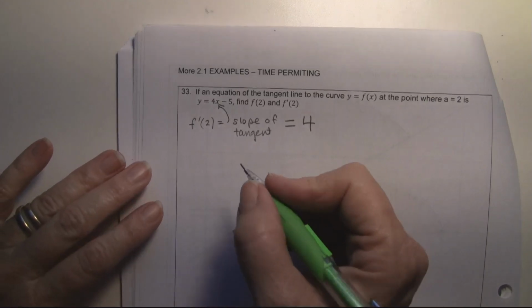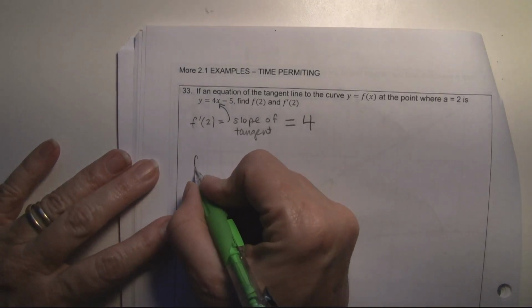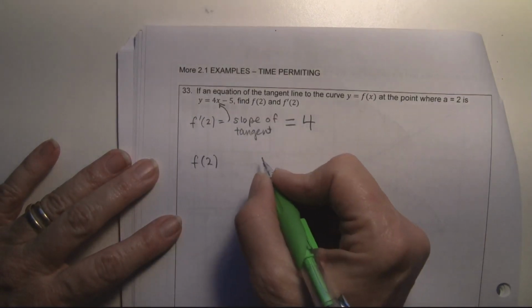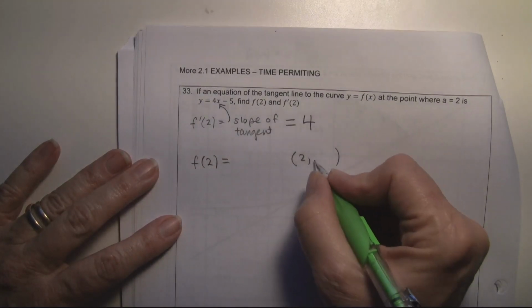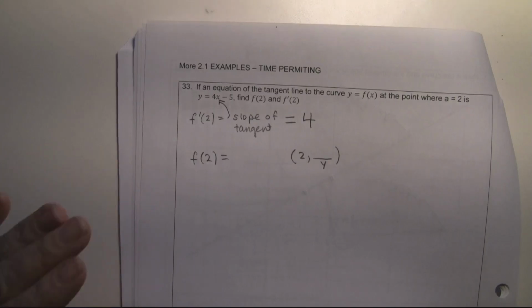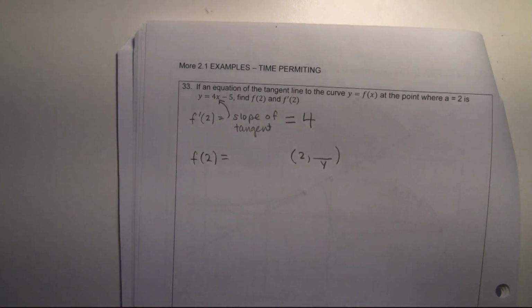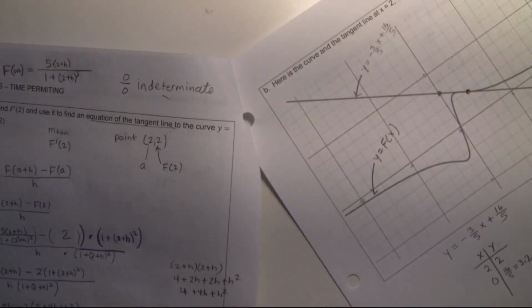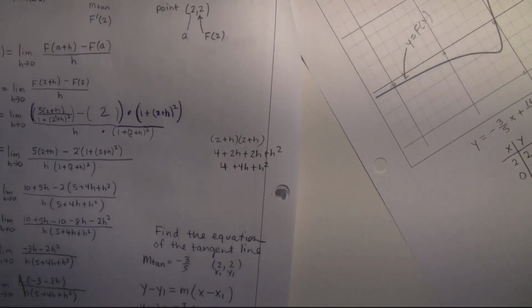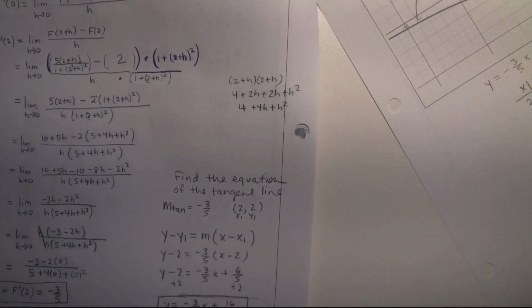Now, when they asked me to find f of 2, in ordered pair notation, they're saying 2 and then go find the y value. And I want to look right here, just so that you see, we're just remembering. And this one happened to be coincidentally 2.